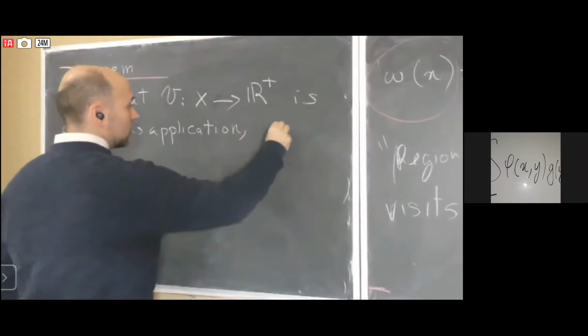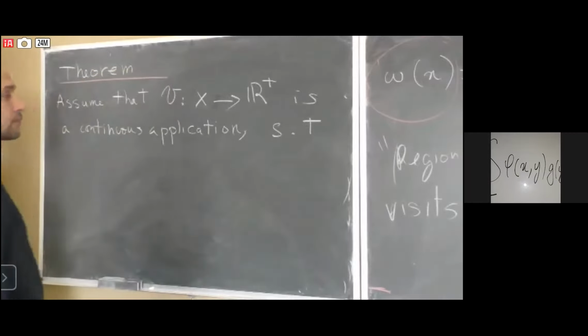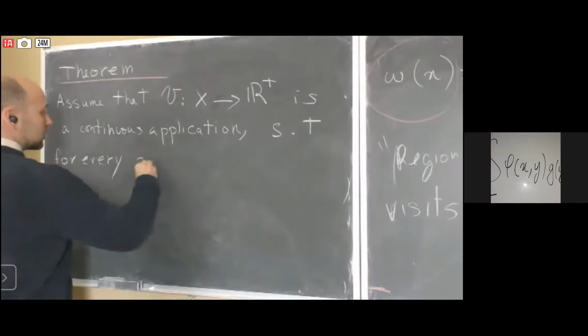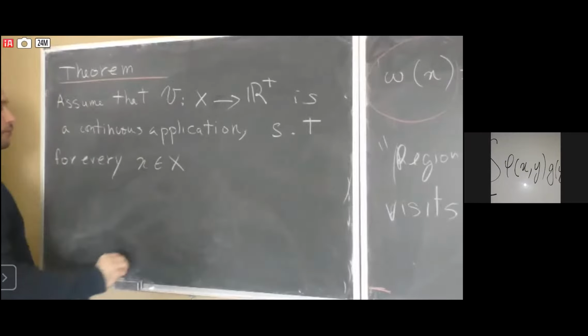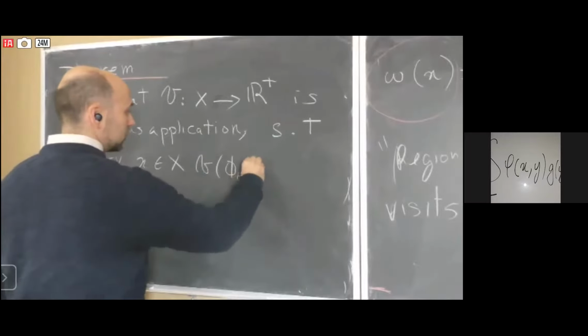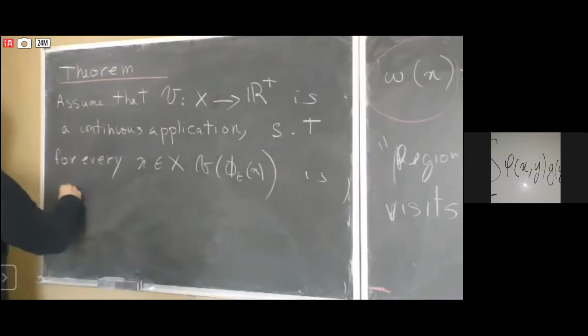Such that for every x in X, V of phi t of x is non-increasing.